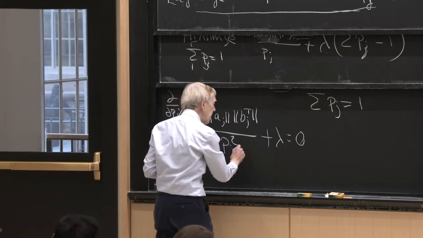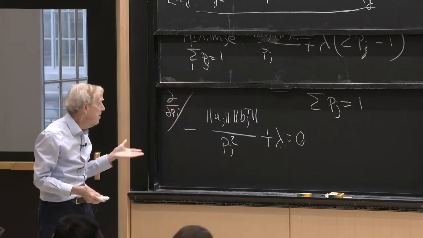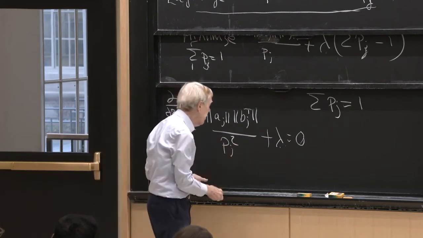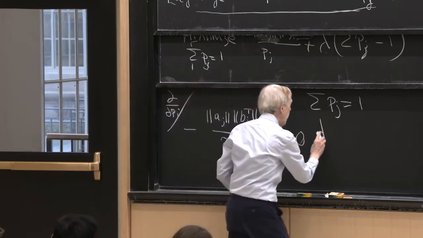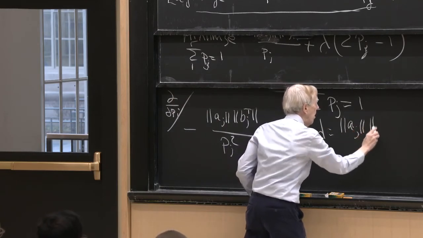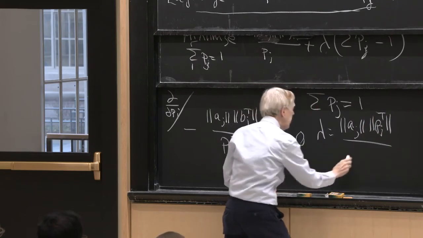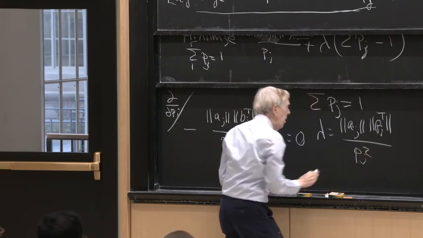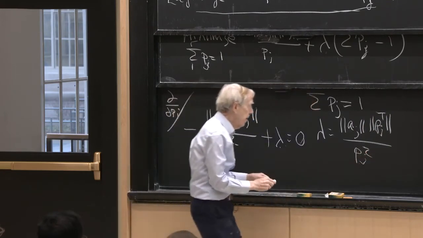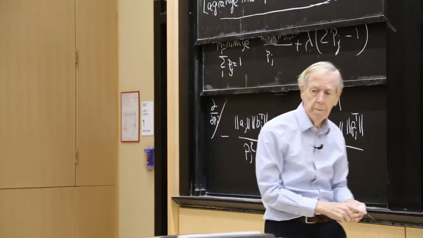So this is telling me what his multiplier is. This equation is telling me that the multiplier is aj bj transpose over pj squared. Or put another way, it's telling me what pj squared is.